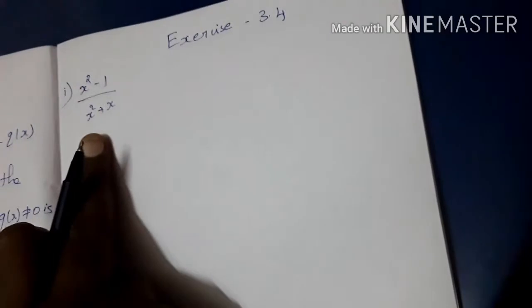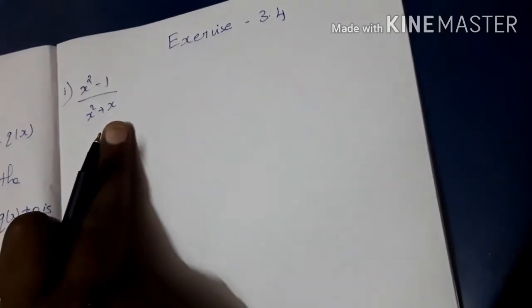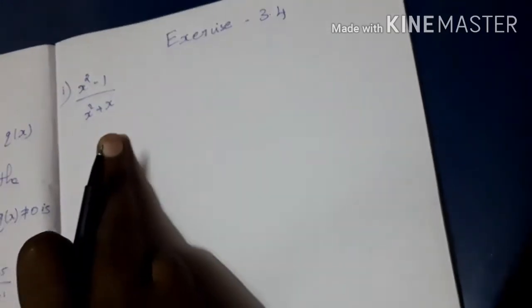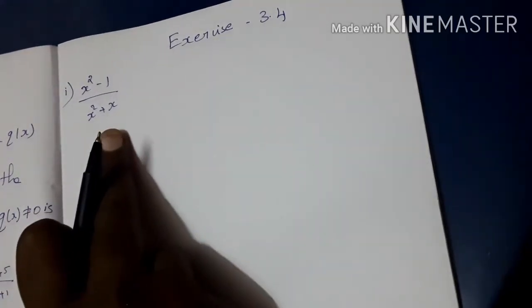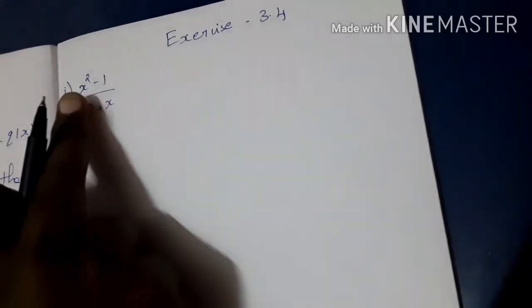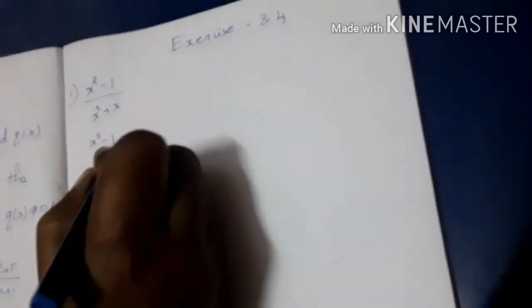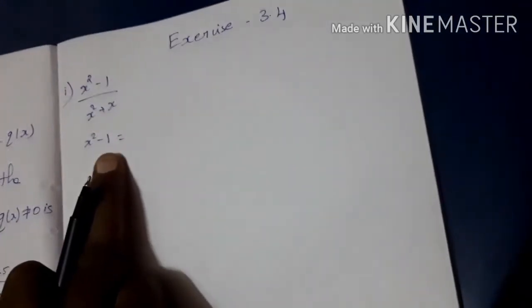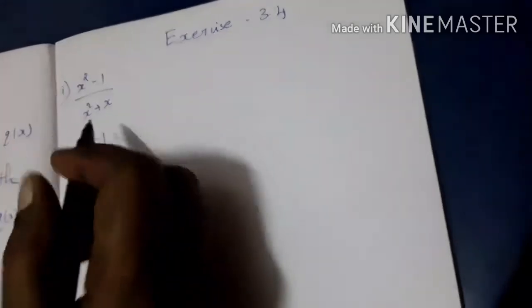First sum: x square minus 1 divided by x square plus x. So now it is in the form of p of x by q of x. First step, we have to factorize the numerator and denominator. So how can we factorize x square minus 1? We change 1 into 1 square, because 1 square, 1 cubed, everything is 1 only.